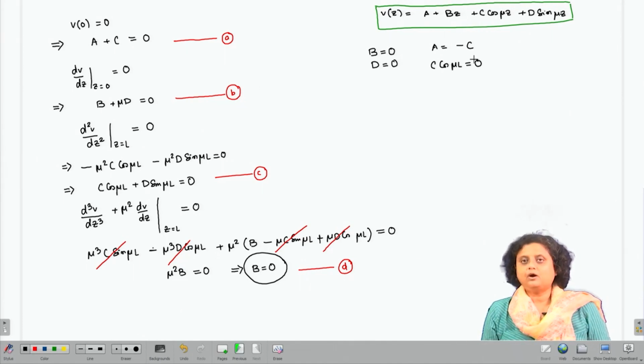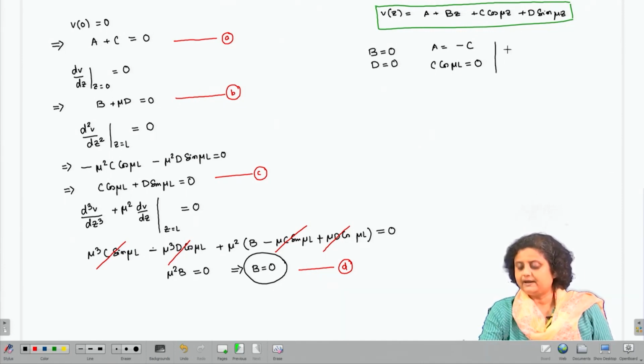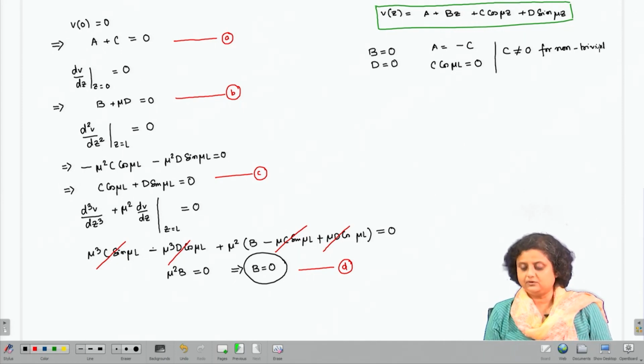Now, C cannot be equal to 0 for a non-trivial solution, because if C is equal to 0, the entire thing is going to be 0. So, it is non-trivial, and cos mu L therefore has to be equal to 0.